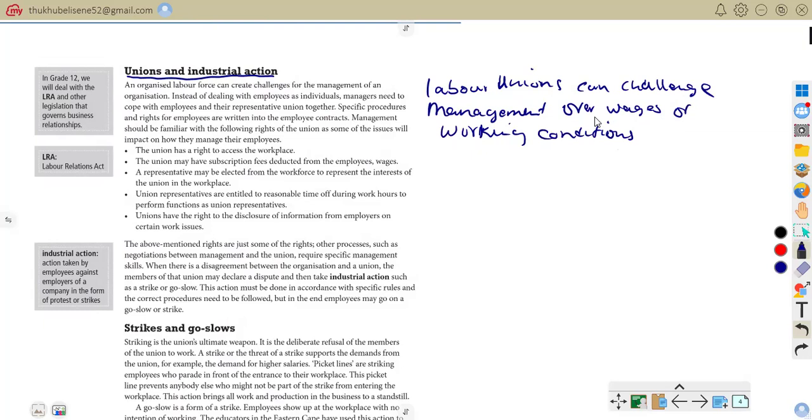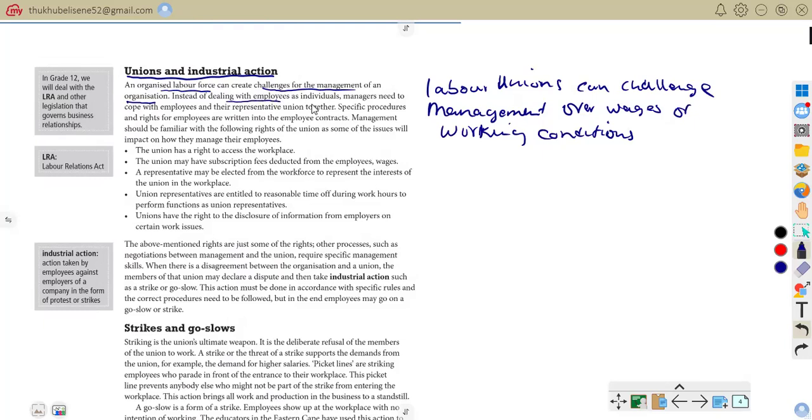For example, a union demands a pay increase, leading to tense negotiations. An organized labor force can create challenges for management of an organization.